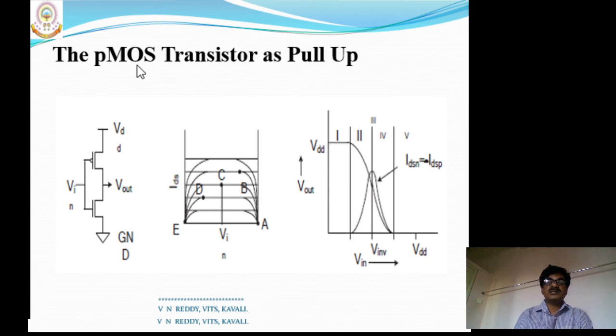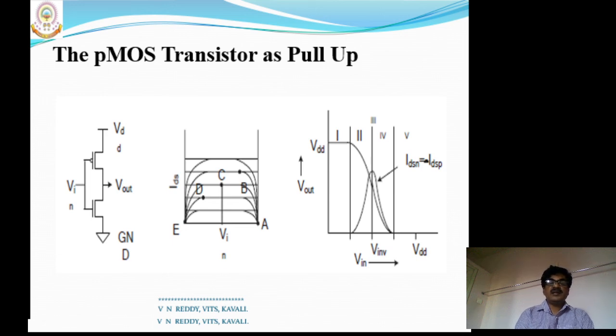Why CMOS? CMOS means complementary MOS. Why the name complementary? Because this technique uses both NMOS transistors and PMOS transistors. Here the pull down transistor is an enhancement NMOS transistor, and the pull up transistor is an enhancement PMOS transistor. That's why it is called a CMOS inverter.